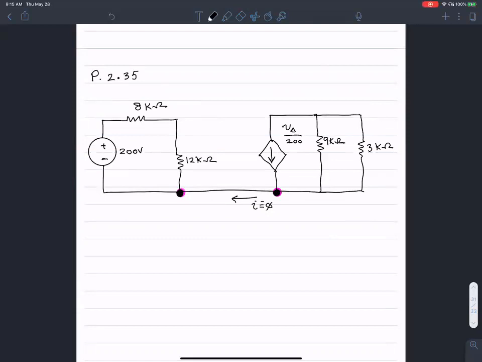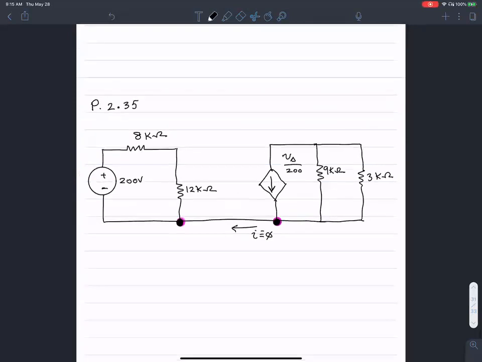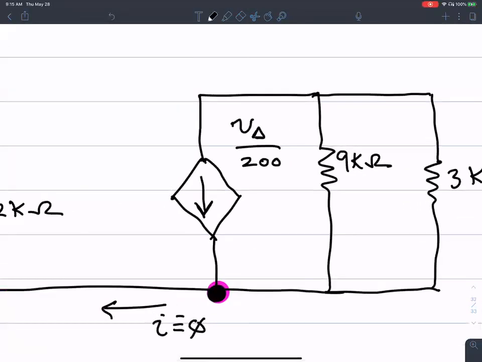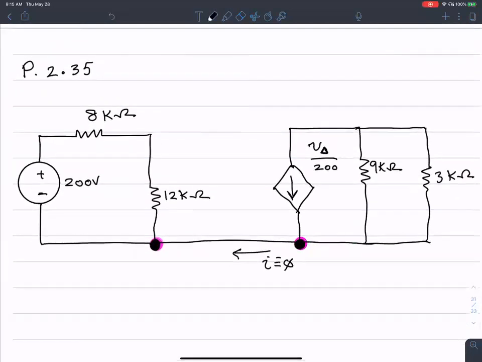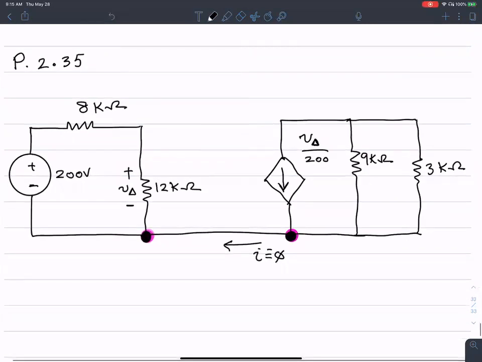The second difference is that there's a dependent current source. What I have not shown is a missing piece of information. This current source's value is V delta over 200. What is that V delta? That's this guy. That's the idea of V delta.